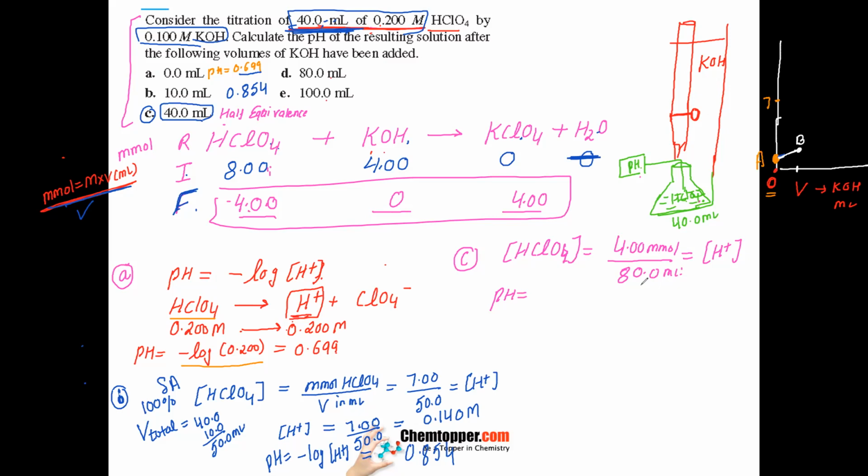How much is that? 4 divided by 80. Negative log of 0.05. And the pH is 1.301.